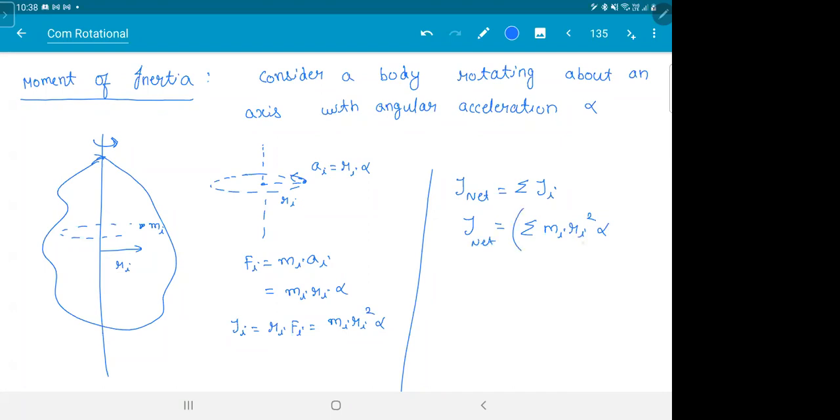So if you see, this term keeps popping up everywhere, the sigma Mi Ri square. We call this thing moment of inertia. So we write this as torque is equal to I alpha, where I is given by sigma Mi Ri square. Put it up. I'll show you more in the next page.